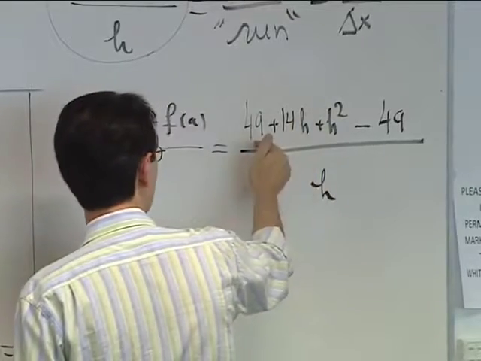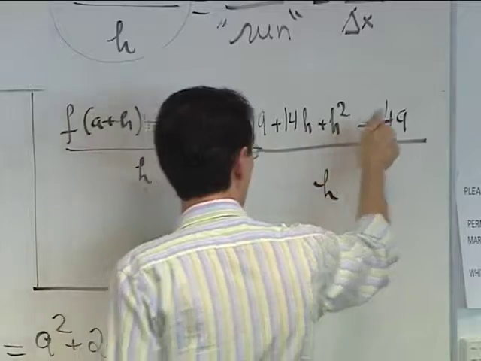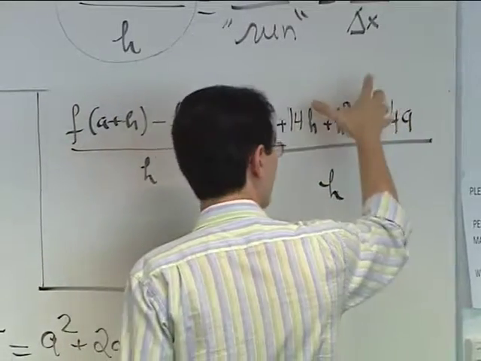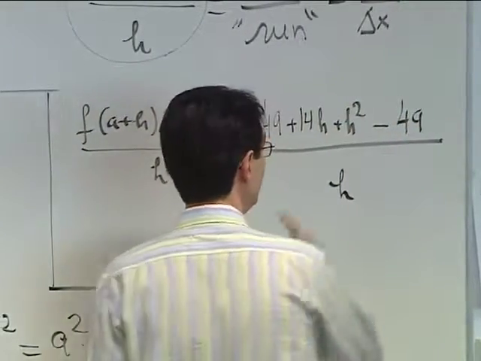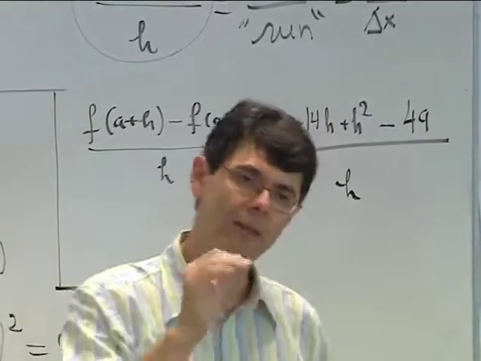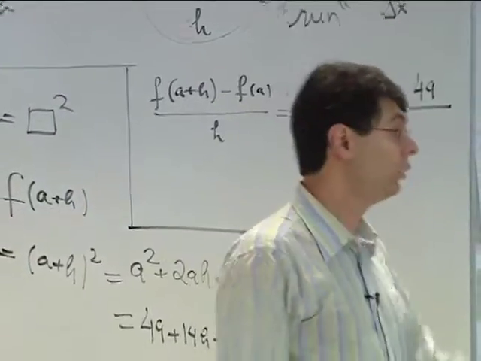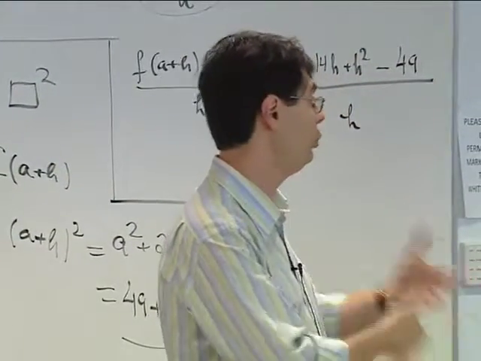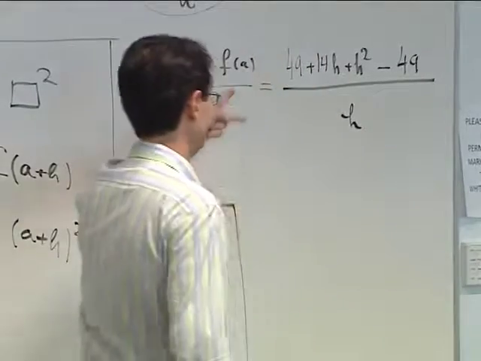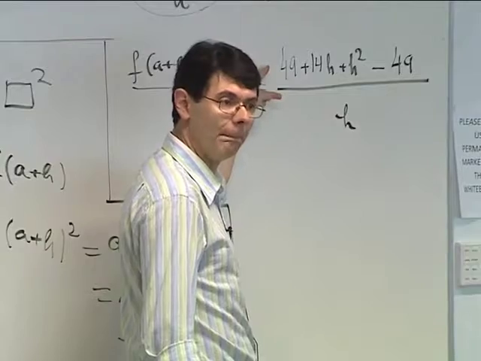You get 49 plus 0 minus 49, 0, divided by 0. 0 divided by 0 is bad news for you and me and everybody. It could get you anything. So you need to simplify this so that it is not looking like 0 divided by 0 anymore.